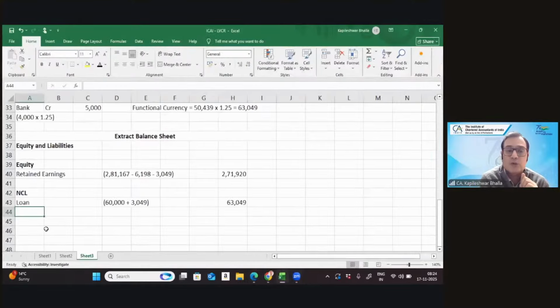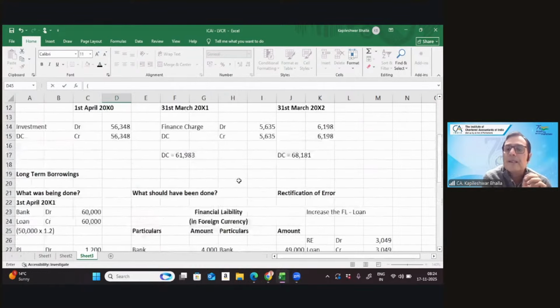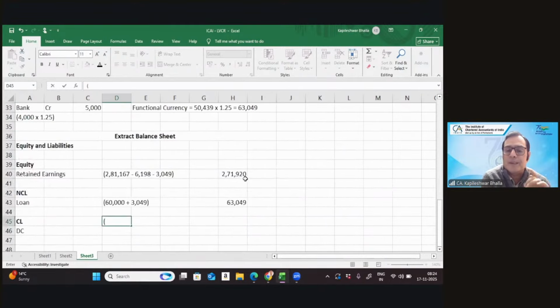So let me also present the current liability. Let's have the DC as well. So let's make the rectification of the DC as well. I'll show the workings. So my DC was 61,983, and we need to add 6198. 61,983 plus 6198, and that's going to give you the figure of DC.